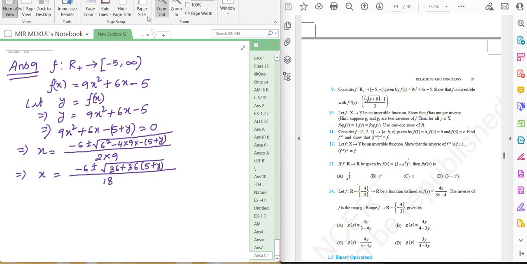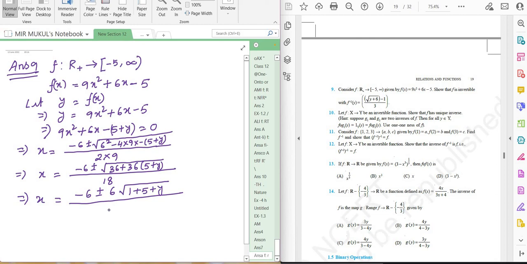Take 36 outside of the root. x equals minus 6 plus minus 6 root over 1 plus 5 plus y, divided by 18. Now take 6 common and cut with 18. x equals, take 6 common, so it is minus 1 plus minus root over 6 plus y, upon 18. Now 6 3s are 18.